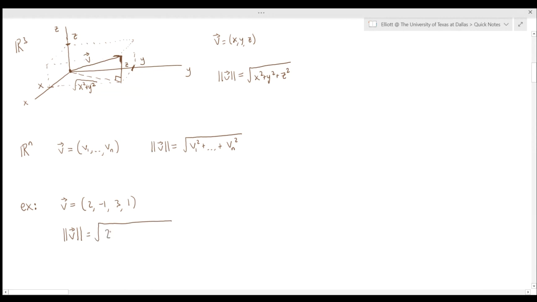So it would be 2 squared plus -1 squared plus 3 squared plus 1 squared. And adding that up will give us the square root of 15 altogether. Okay.